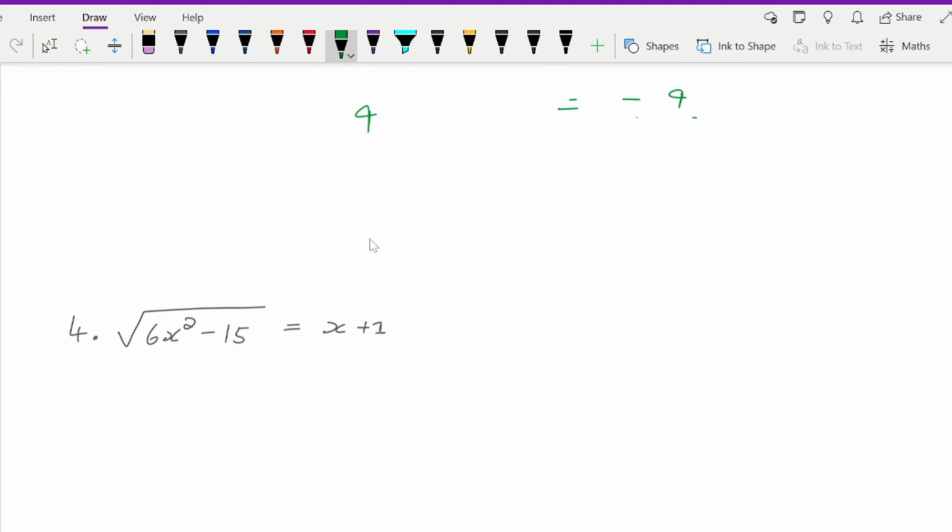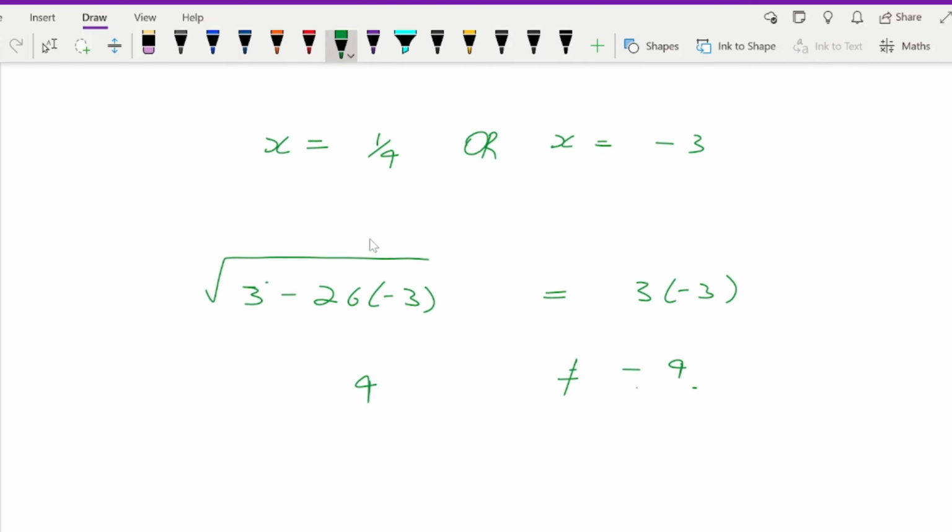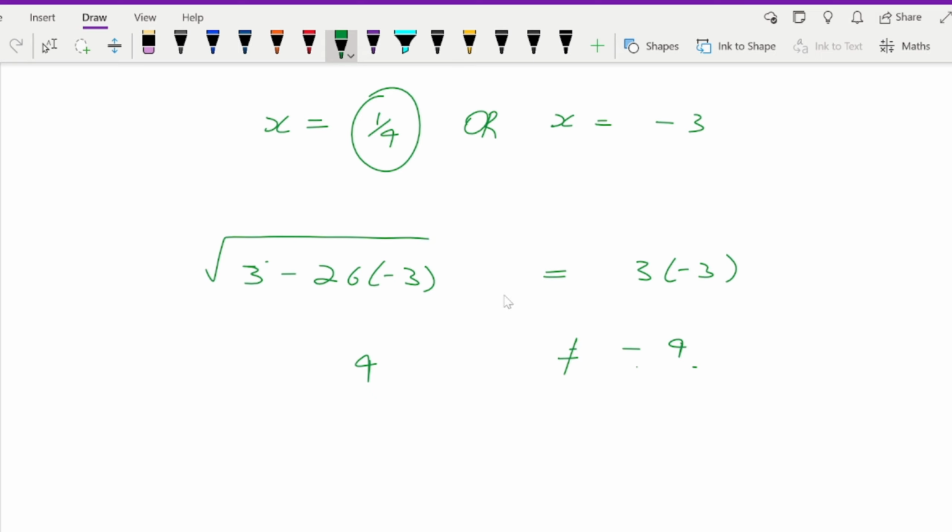So these are not the same. So that means the correct answer is this one, even though I didn't do it. Okay, let me just do it. We're going to have 3 minus 26 over 9 equals 3 times 1 over 9.